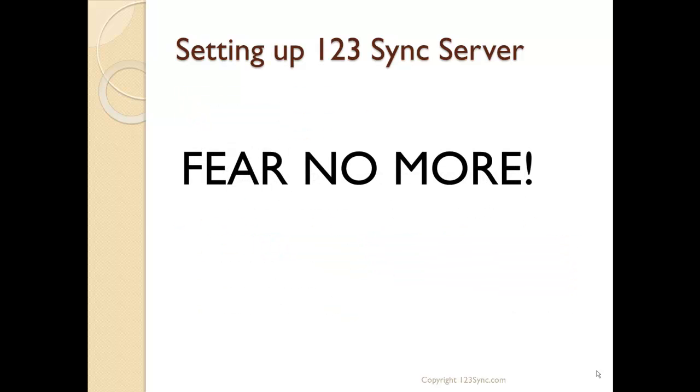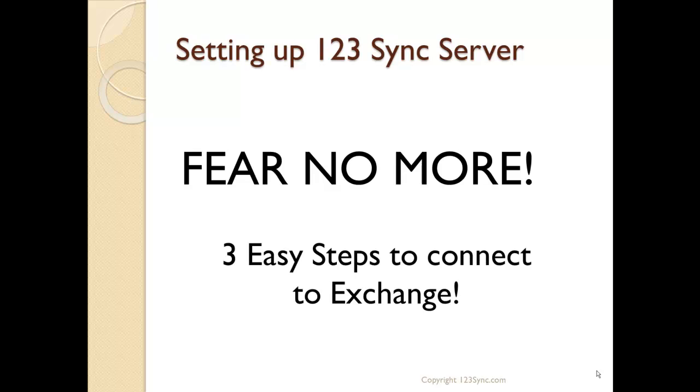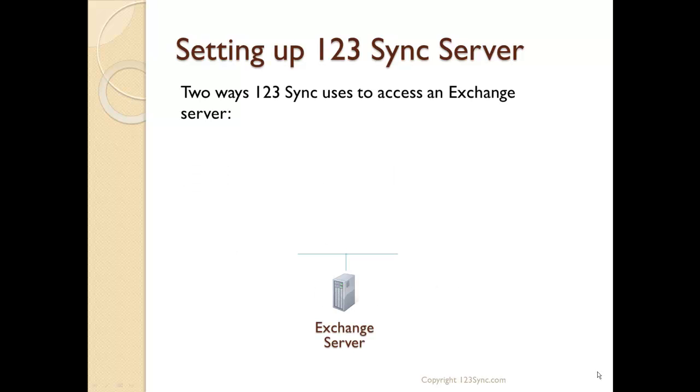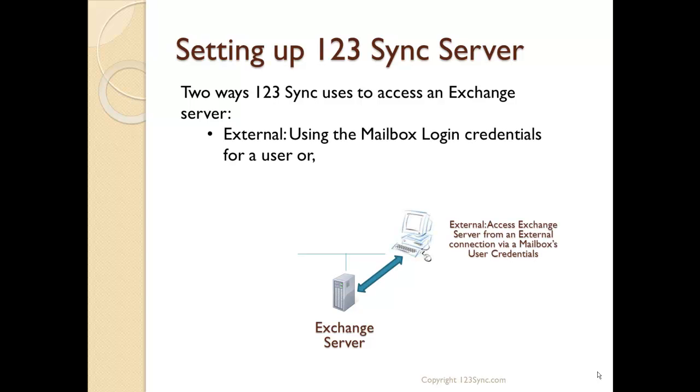Well, fear no more. We have 3 easy steps to connect to Exchange. Let's see what we can do. There are 2 ways 123Sync uses to access the Exchange server. One is by using an external mechanism, either through Outlook or through Windows or through CDO MAPI, in which it accesses the Exchange server through a mailbox user's credentials.